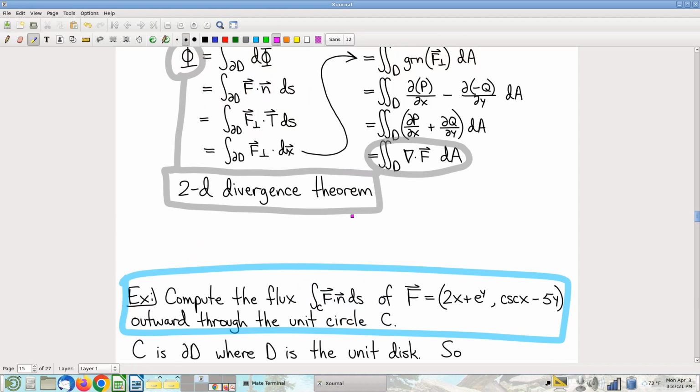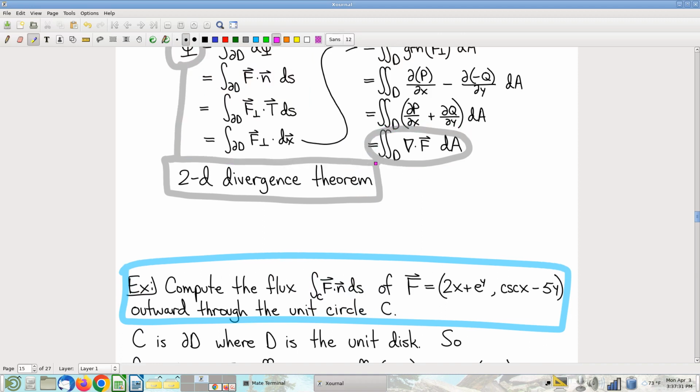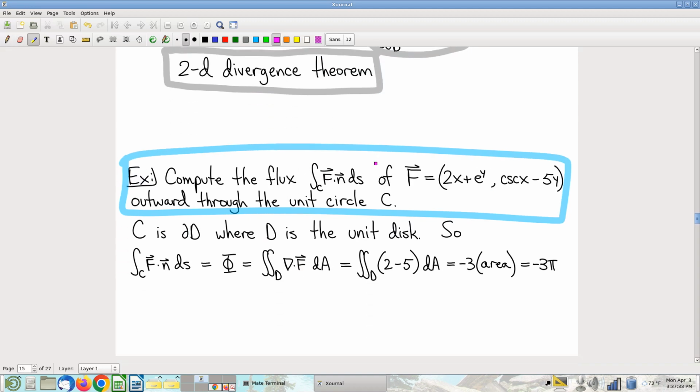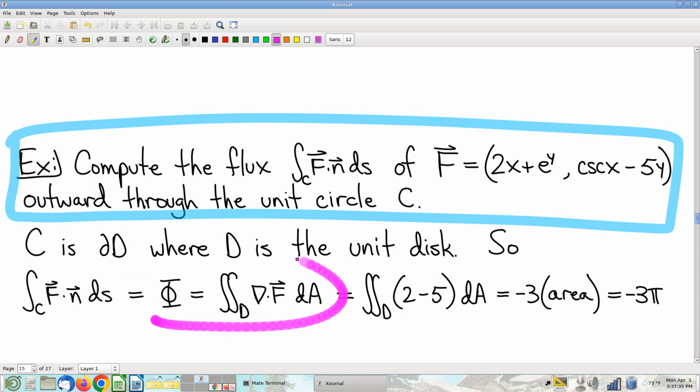I'm not actually going to compute that directly. I'm going to observe that what it is is just a double integral of divergence. We're going to capitalize on the fact that we've already done all this work up here. And so here we go. Flux is a double integral of divergence. There's our 2D divergence theorem in action, right?